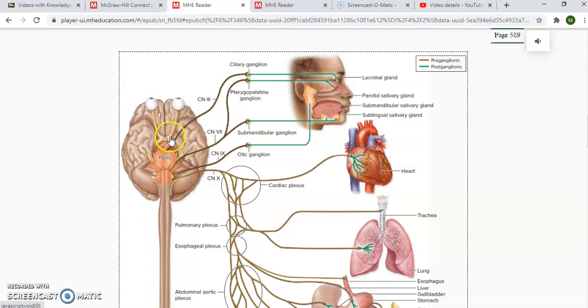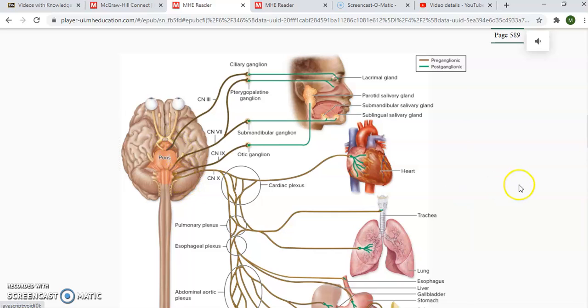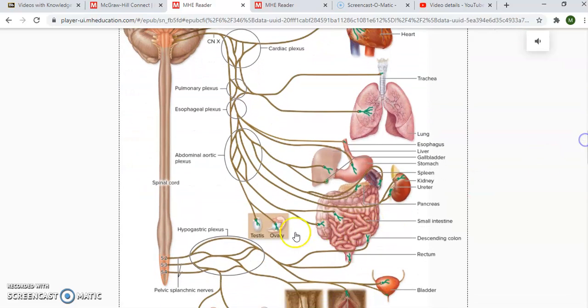You can see that they're originating from the brainstem here, the cranium area. And then the sacral region of the spinal cord is where the other preganglionic motor neurons of the parasympathetic nervous system are originating from. So that's where they're located.